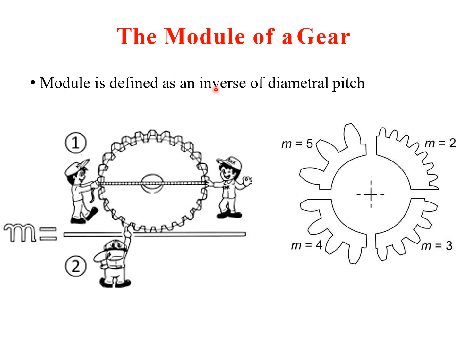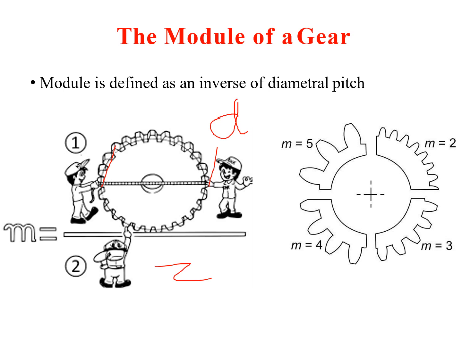Now what is the module of the gear actually? It is defined as the inverse of diametral pitch, as I have told you. Now the formula for M, here you can see in the image, this represents the diameter of the gear, and this represents the number of teeth. So module is nothing but the diameter upon the number of teeth.